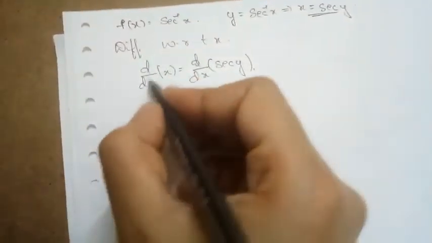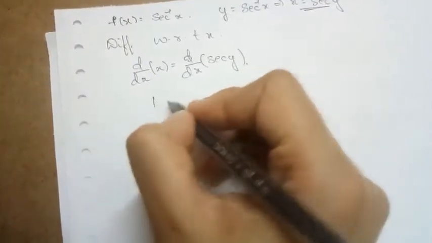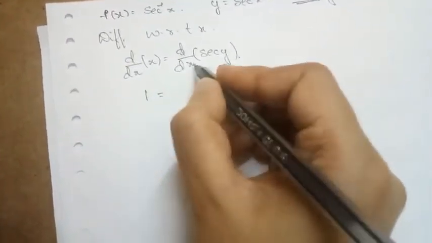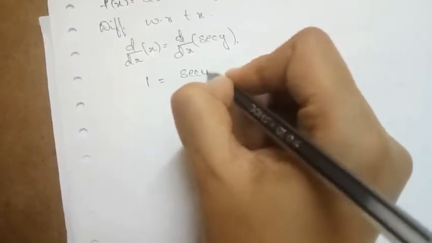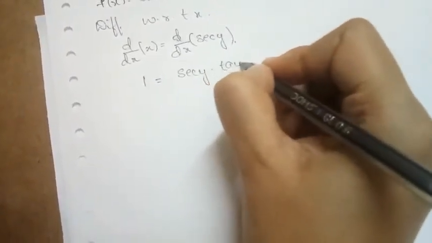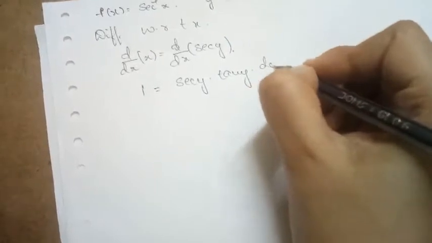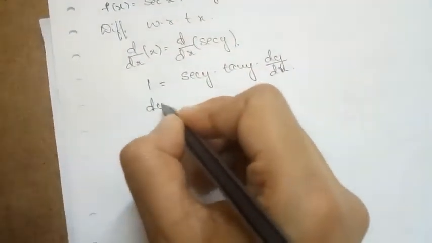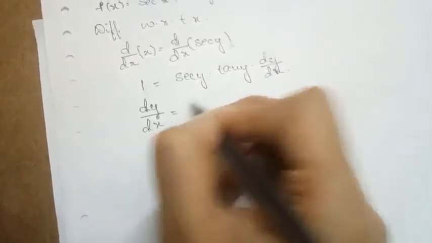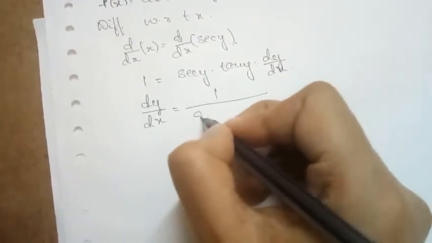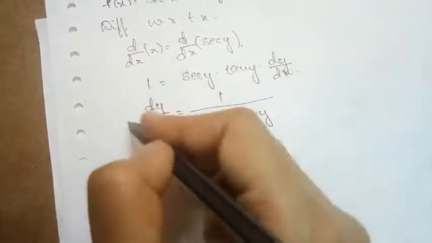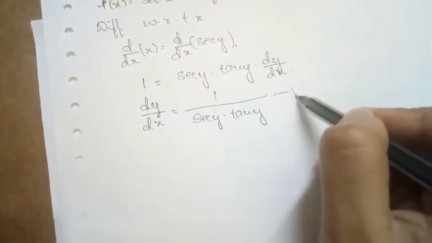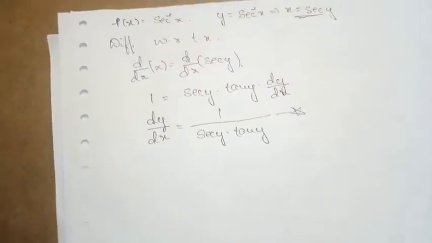Differentiation of x with respect to x is 1. Differentiation of secant y is secant y into tan y, and we are differentiating that variable with respect to x. So clearly dy by dx is equal to 1 divided by secant y into tan y. Let me call this one star and keep it aside.